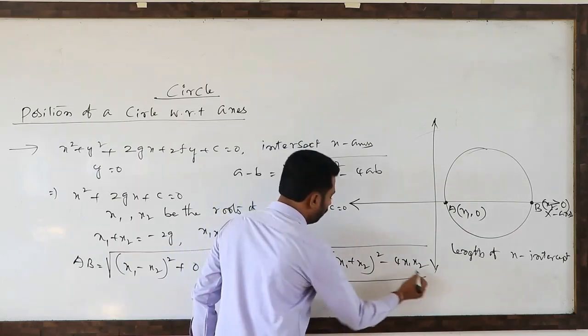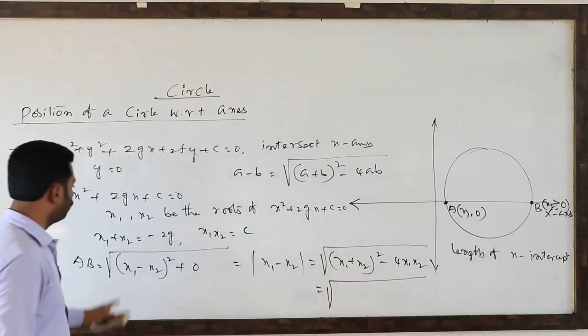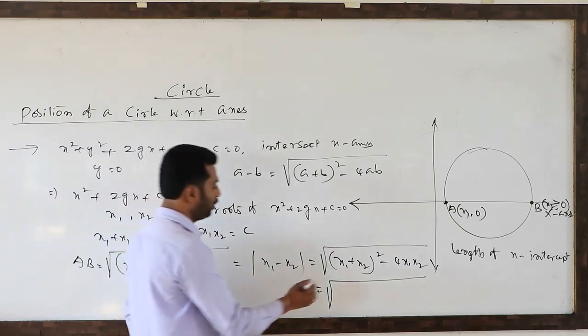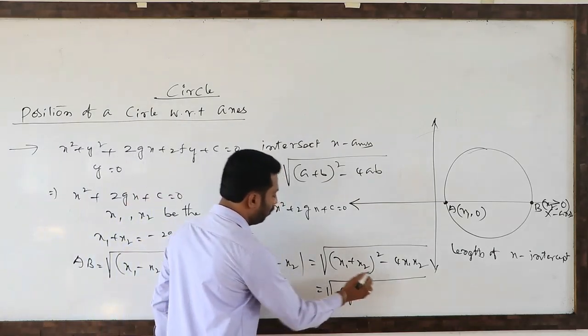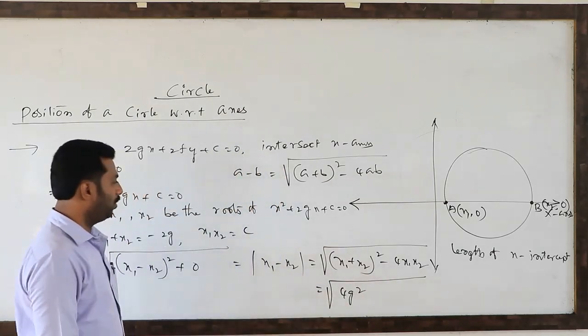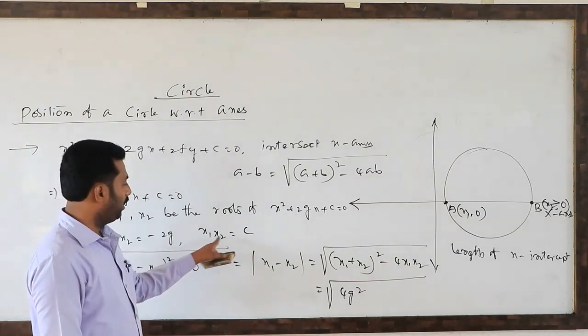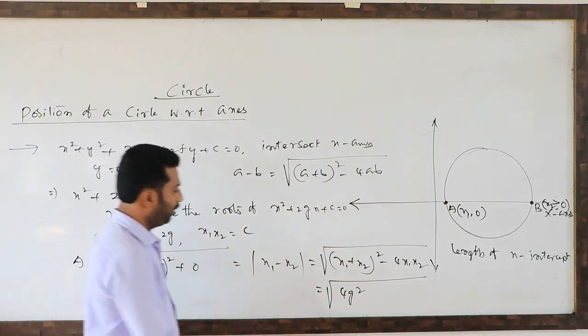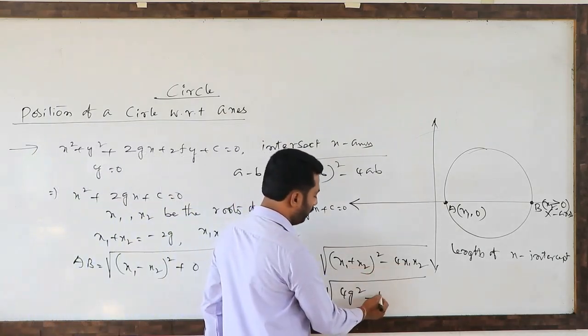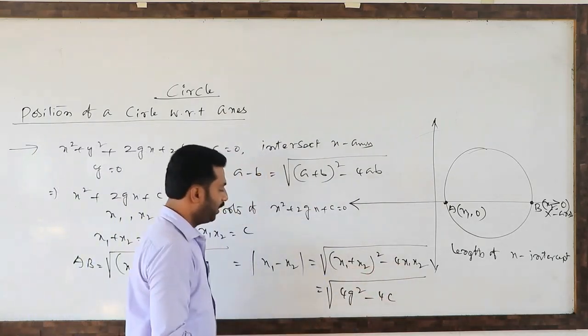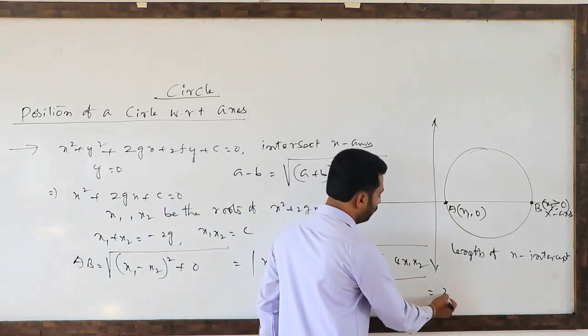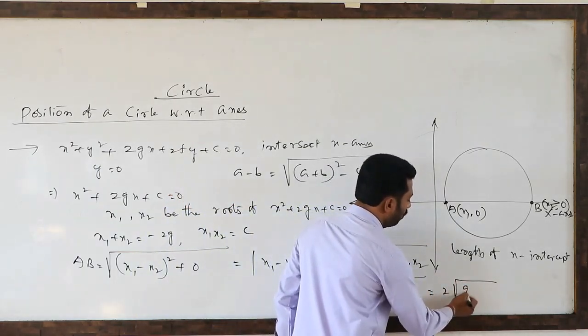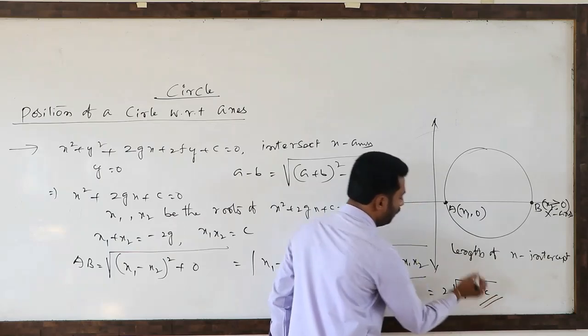This is nothing but (minus 2g) whole square, that is 4g square, minus 4 x1 x2. Already x1 x2 is c, so this value minus 4c. If I take 4 common, then this is 2 into root of (g square minus c).